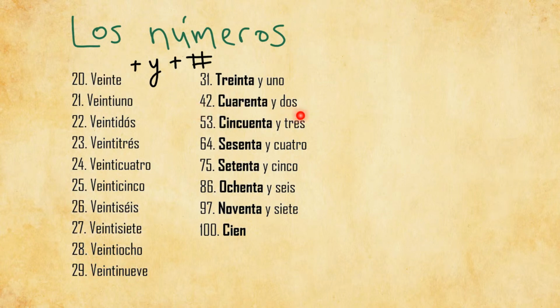Okay, 42 would be cuarenta y dos, 53, cincuenta y tres, 64, sesenta y cuatro, 75, setenta y cinco, 86, ochenta y seis, 97, noventa y siete, and we can go on and on and have countless number of combinations here. So yeah, counting in Spanish is pretty simple.